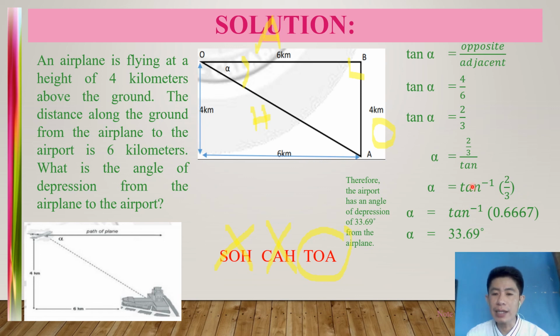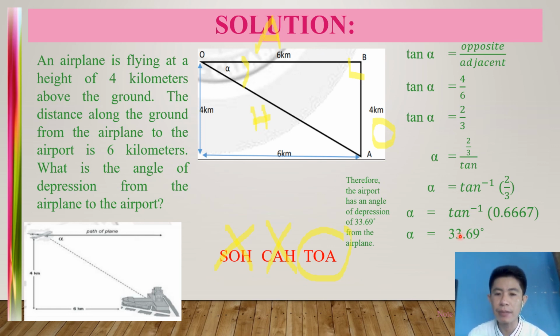To easily compute this problem using your calculator, we will first rewrite the fraction in decimal form. It can also be left as a fraction, but it is easier if we convert it to decimal first. So alpha is equal to tangent raised to negative 1, or arctangent, times 2 over 3, which is equal to arctangent of 0.6667, since 2 divided by 3 is 0.6667.